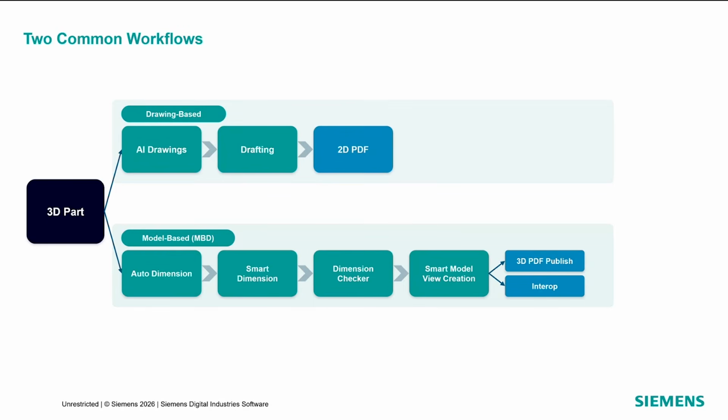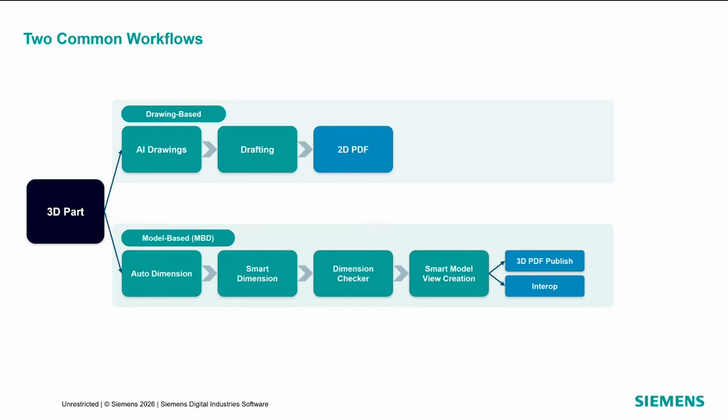Also, a lot of customers these days, especially in the past decades, have started doing model-based definition, MBD, and this also is very popular inside Designcenter Solid Edge, where we have tools such as Auto Dimension, which automatically dimensions the model for you. A lot of different smart dimensioning tools. Dimension Checker, which allows you to check if your model is over constrained, under constrained, or just at the right spot, and also smart view creation.